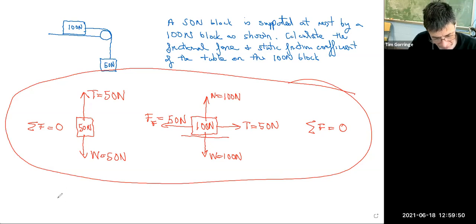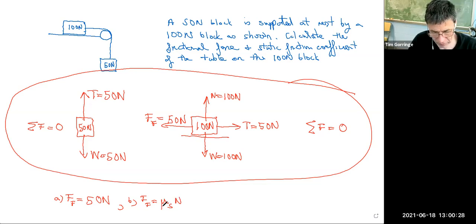Part A of the question asked, what is the frictional force? Well, from our drawing, we figured it's balancing the tension force, which is balancing the weight of the smaller block. That friction force is 50 newtons. Second part of the question, B, is what is the static friction coefficient? Well, that frictional force is related to the normal force through the static coefficient of friction.